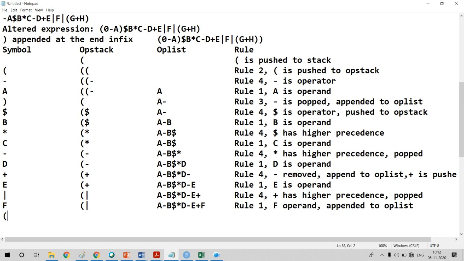The next symbol is open bracket. Add that to OP stack. Rule number 2 says if the token is left parenthesis, this left parenthesis must be pushed onto stack.